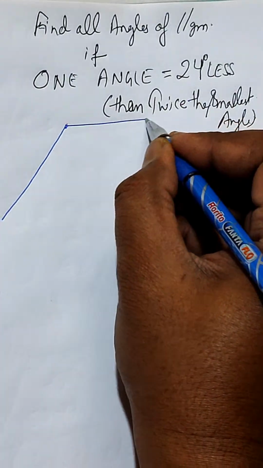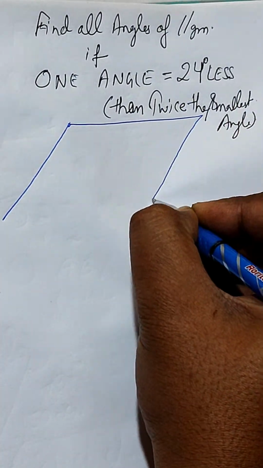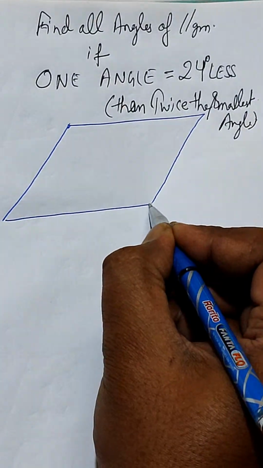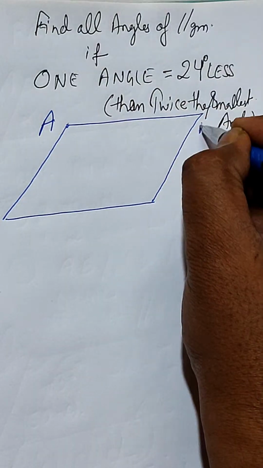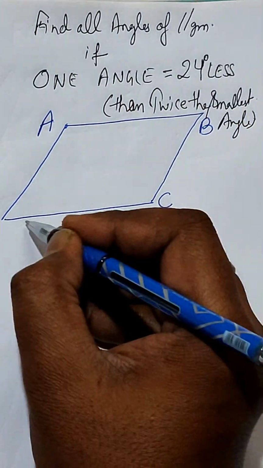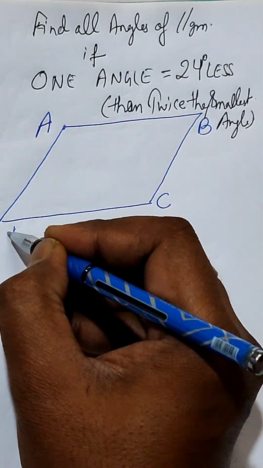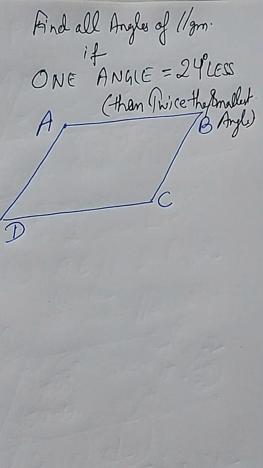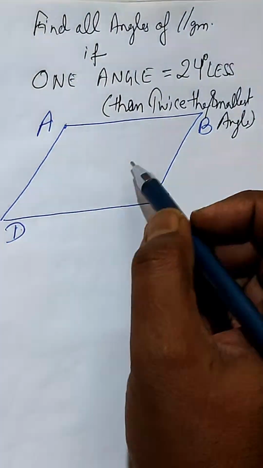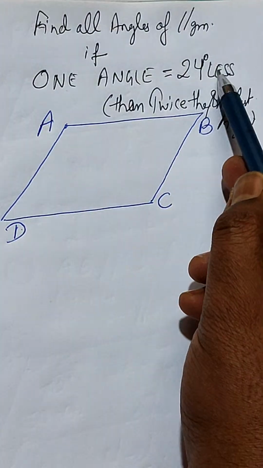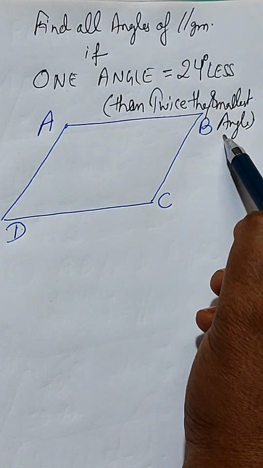Just drawing a parallelogram will help you to solve the question, because you are clearly visualizing the angles and the concepts which we were applying can be easily understood, right? Here in this parallelogram ABCD it is given that one of the angles is 24 degrees less than twice the smallest angle.